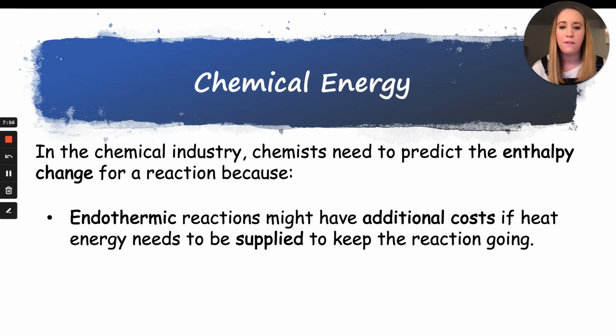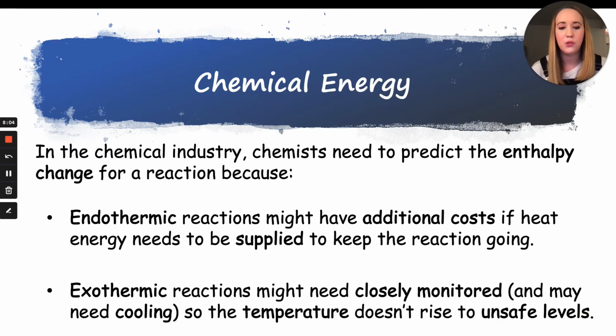So if the reaction keeps on producing more and more heat, then that can get to a dangerous level. So it's more of a safety reason when we think about exothermic reactions. We might need to keep a close eye on them. They might even need to be cooled down. So again, there's a cost associated with that. And that's to make sure that the temperature stays at a safe level.